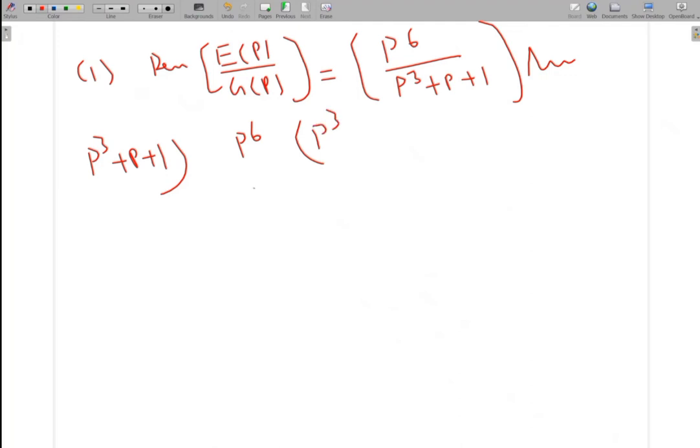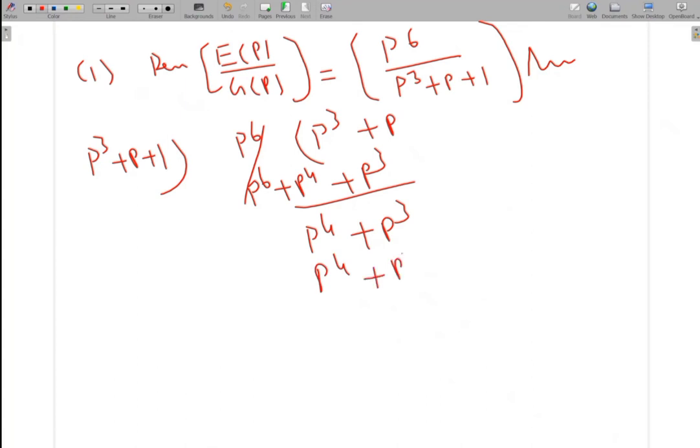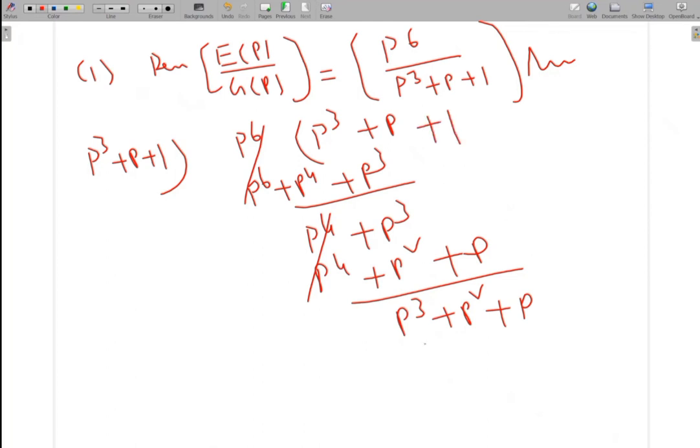Here p cube multiplies with p cube: p power 6, p power 4 plus p cube. p power 6 cancels with p power 6. p power 4 plus p cube. That means p into p cube, p power 4, p square plus p. These two are cancelled. Finally, p cube plus p square plus p. That means 1 times p cube plus p plus 1.